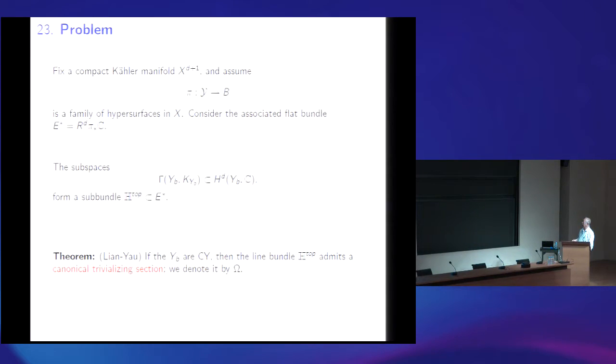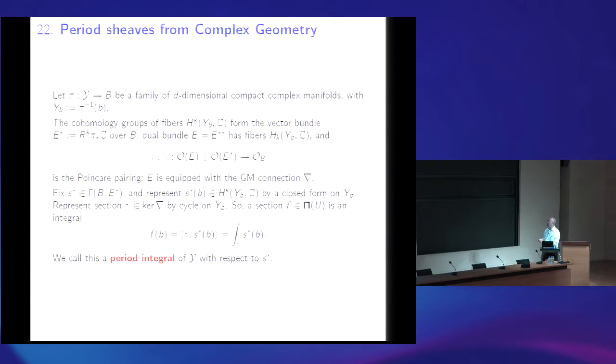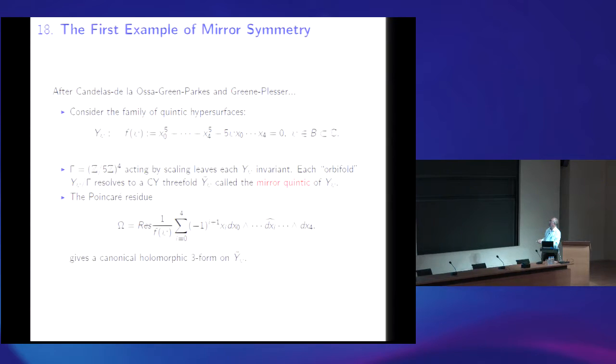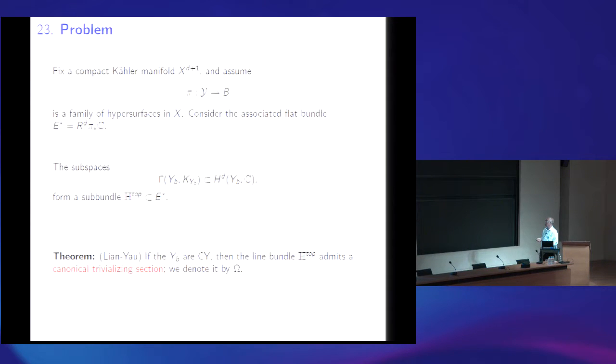The point is that this top actually admits a canonical trivializing section, which is similar to the one that we defined in the case of Calabi-Yau, I mean the quintic, where we wrote down this omega. This is the same as the one that we found, so it can be generalized to a much more general situation. So there exists a canonical trivializing section, which we denote by omega.